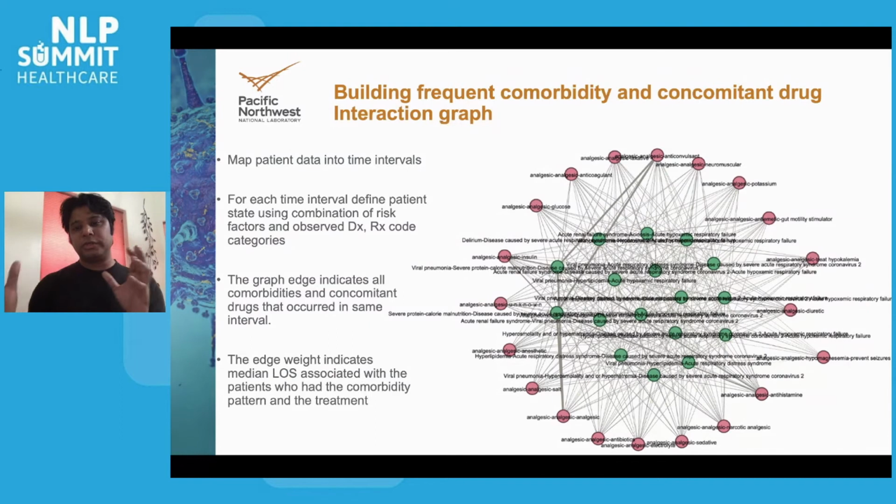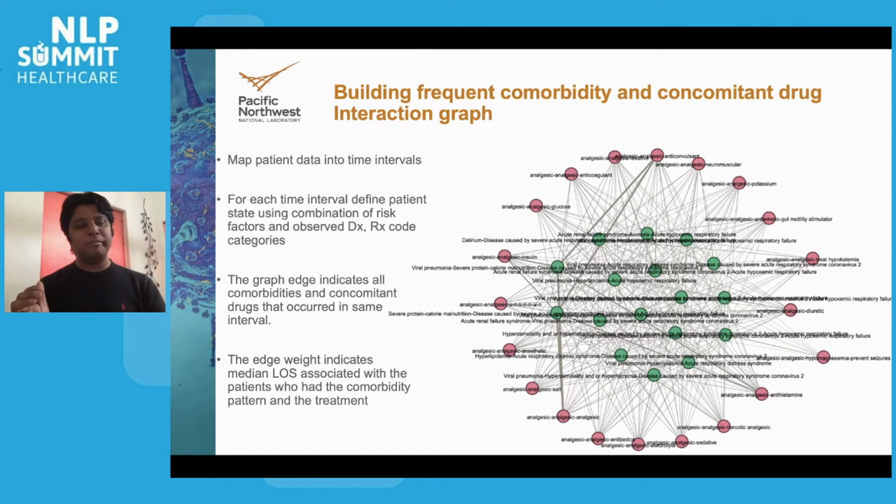The graph you're seeing on the right is showing the top patterns. If you look at the green nodes in this picture, every green node represents the combination of 3 top class of disorders.